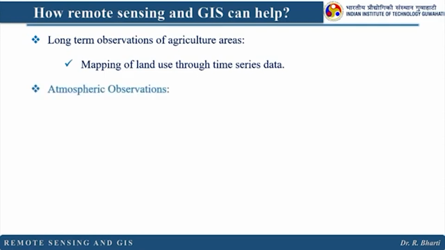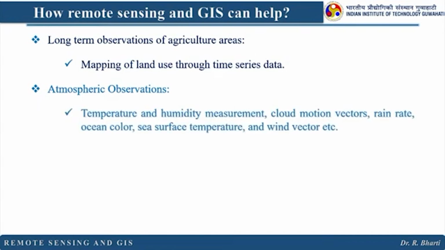Atmospheric observation, as I told you, the major portion of agriculture depends on rain, right. Temperature and humidity measurement, cloud motion vector, rain rate, ocean color, sea surface temperature and wind vector, these things can be easily derived from remote sensing and GIS techniques.